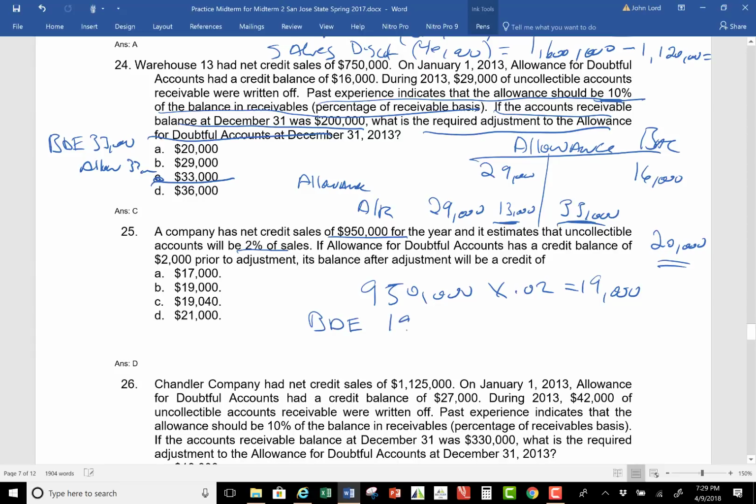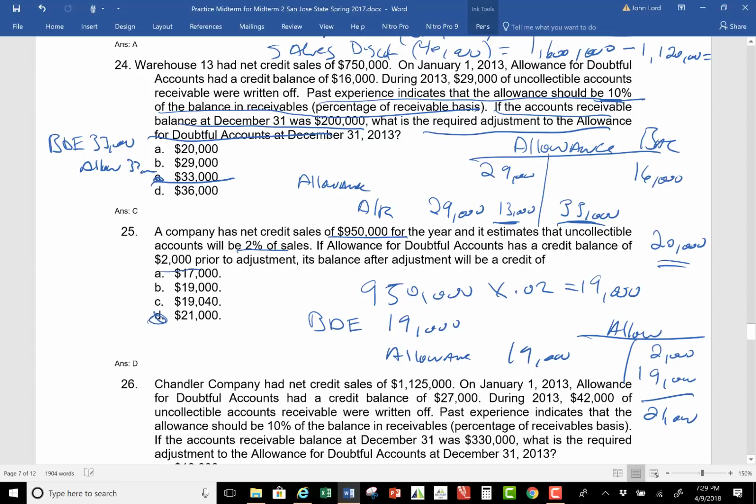I simply debit bad debt expense 19,000 and credit what? Credit the allowance 19,000. Now the problem tells me that the allowance already had how much? Already had 2,000. And if based on sales I put another 19 in there, now the balance is what?